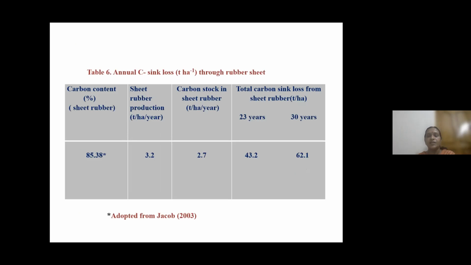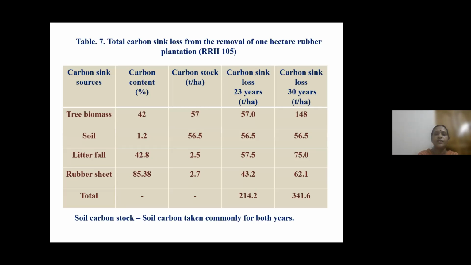Therefore, the carbon stock is 2.7 ton per hectare per year, and the carbon sink loss for 23 years is 43.2 tons, and for 30 years it is 62.1.